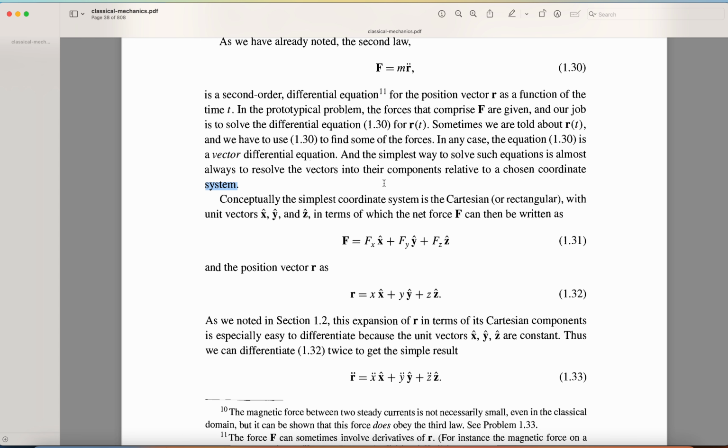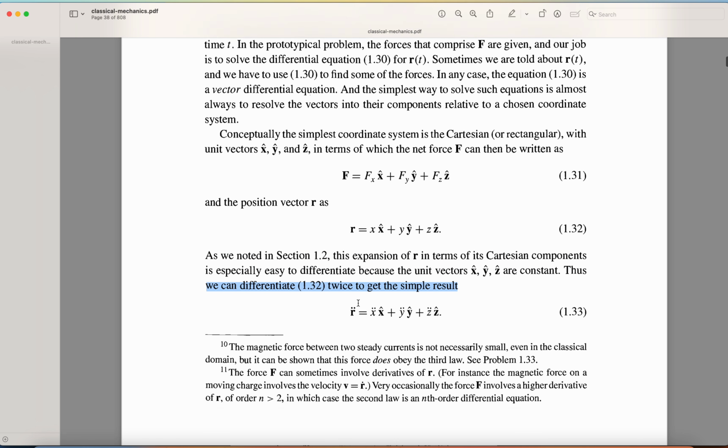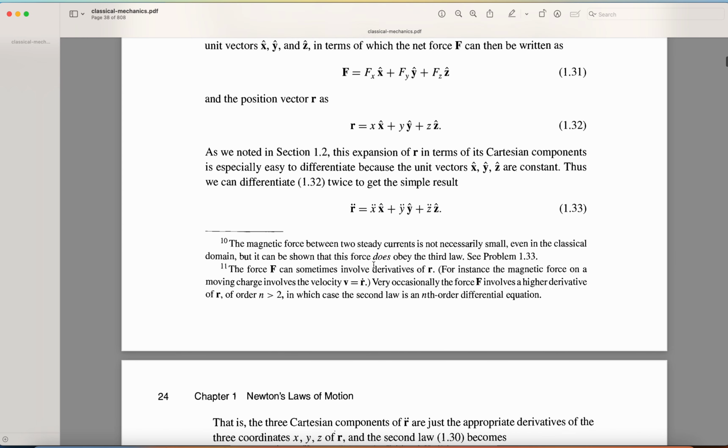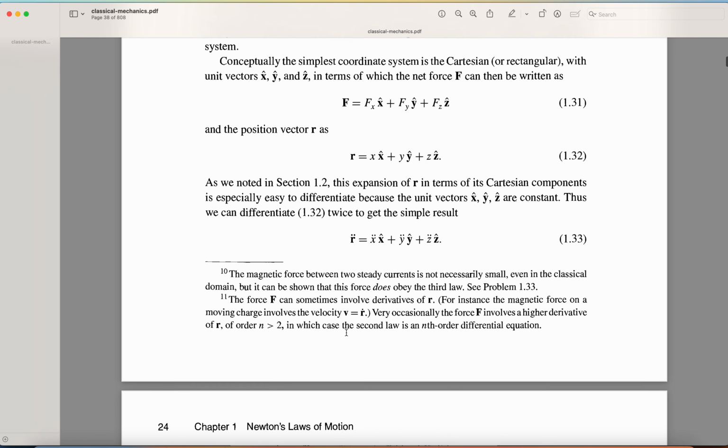Resolve them to their chosen coordinate system. Okay, I see. I think this makes sense, nothing too crazy about that. Differentiate twice, you'll get the acceleration in terms of its components, which will be equivalent to this f, or if you multiply by the mass.